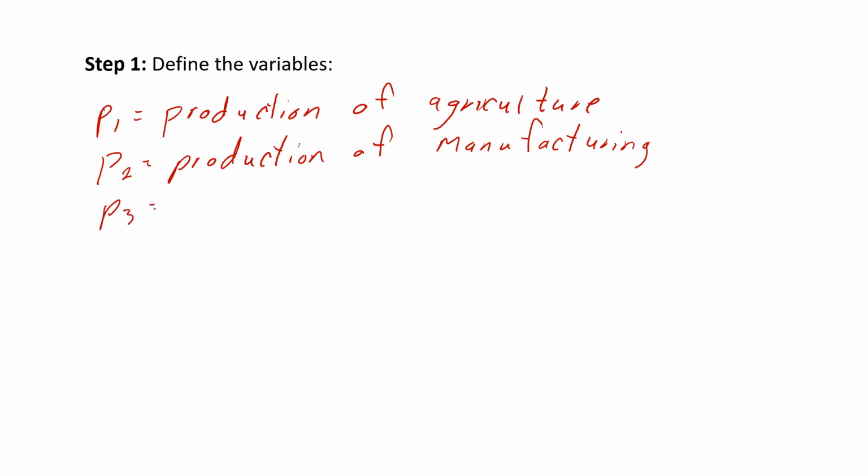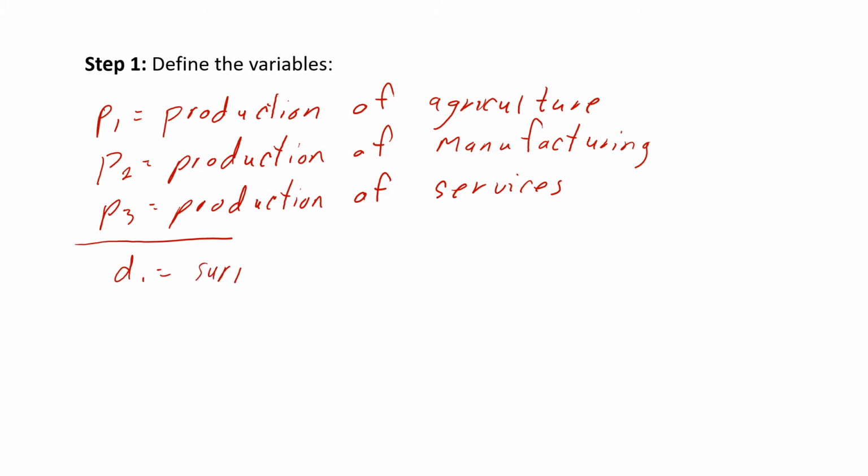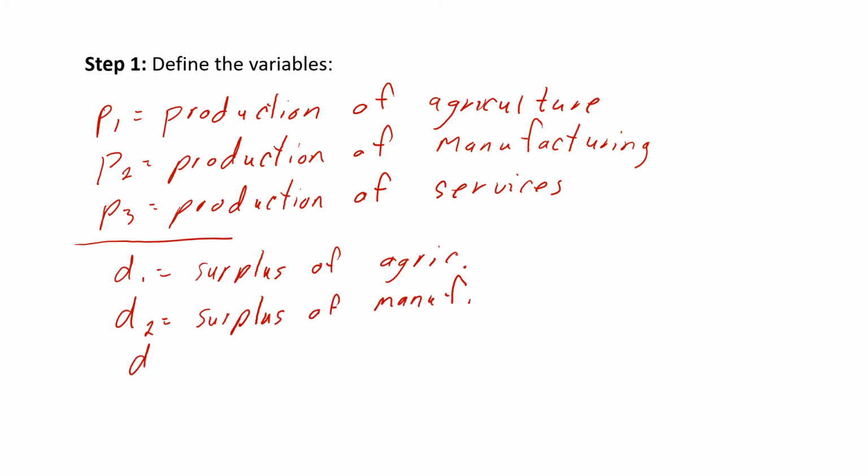And P3 is the amount of production of our third sector, which is services. Okay, and then we just need one other set of variables. D1 is the surplus of agriculture. D2 is the surplus of manufacturing. And D3 is the surplus of services. So those are our variables.